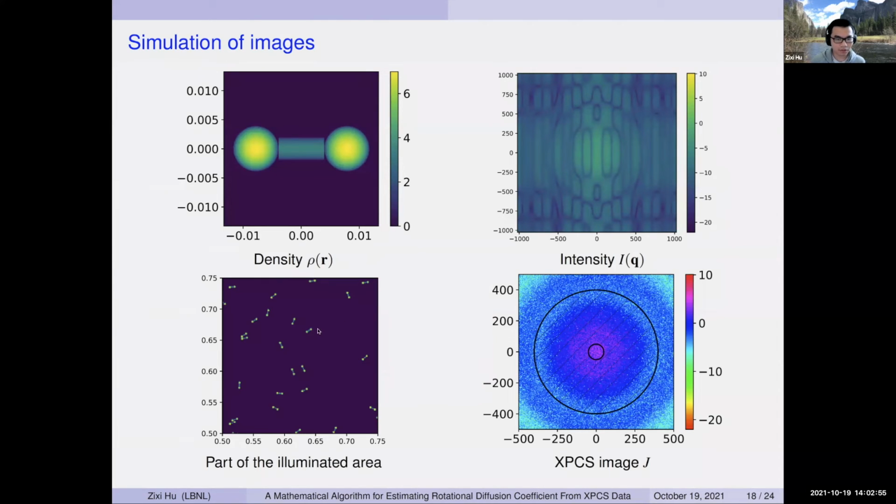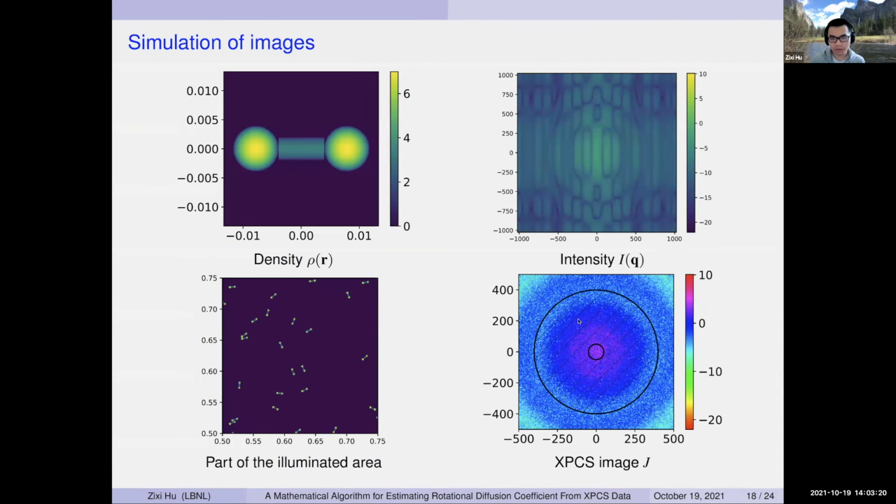The bottom left figure shows part of the simulated samples. The sample is simulated on a Cartesian grid. In total, we put about 500 particles into the sample. After each time step delta t, we added a bit of Gaussian random number to the position and orientation of the particles to simulate the Brownian motion. Then we use 2-dimensional fast Fourier transform to calculate the scattered field and then synthesize the images.